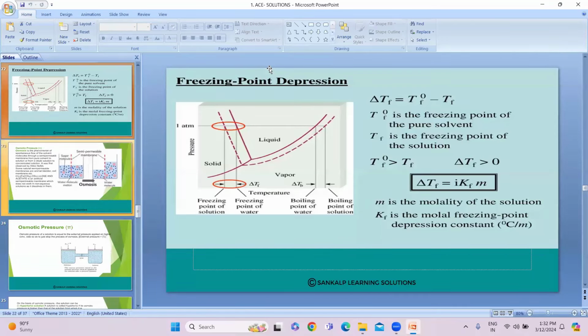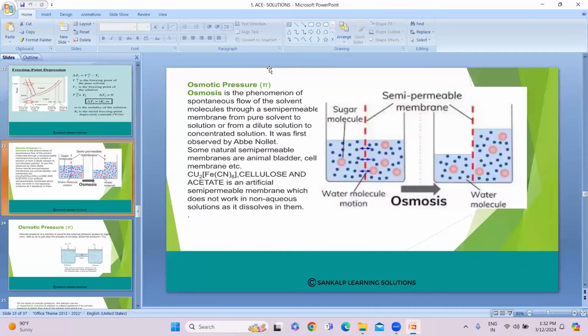The phenomenon in which flow of the solvent molecules from dilute solution to concentrated solution through a semi-permeable membrane. Yes, so that is your osmosis.